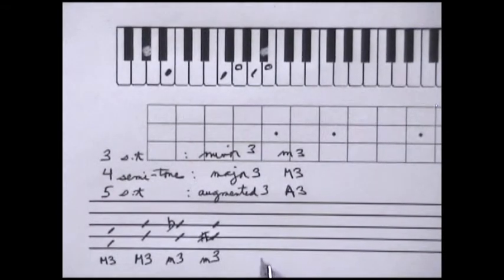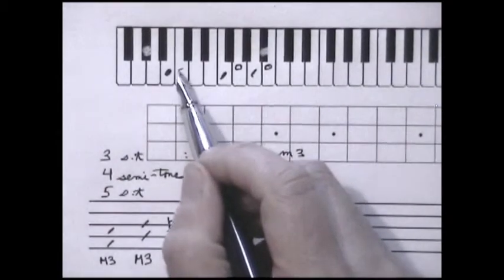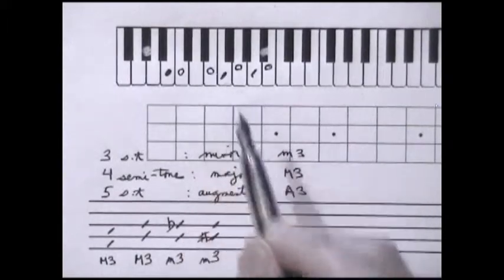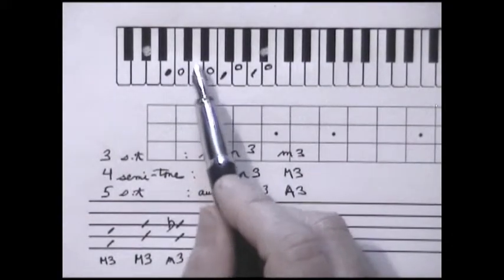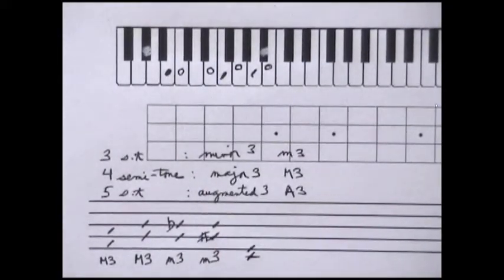Let's take a C and an E. That's a third. So here's a C and an E. And we note that it's 1, 2, 3, 4 semitones. So this is a major third.